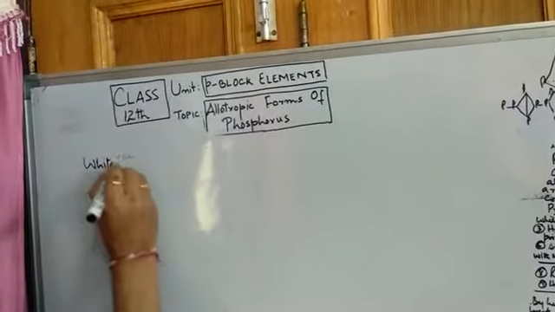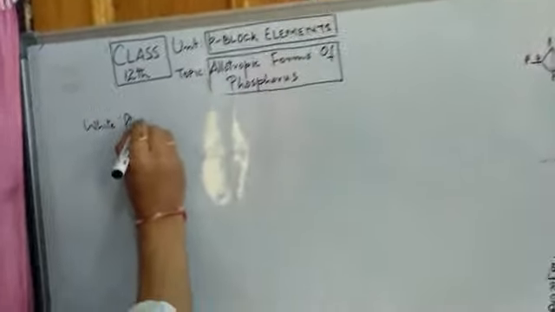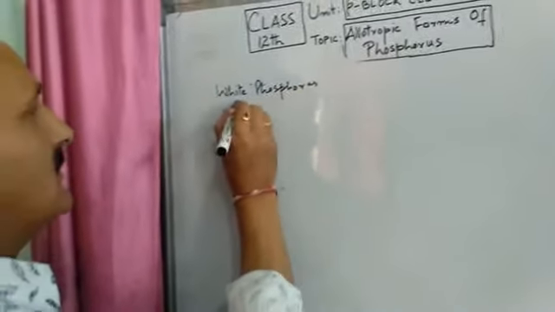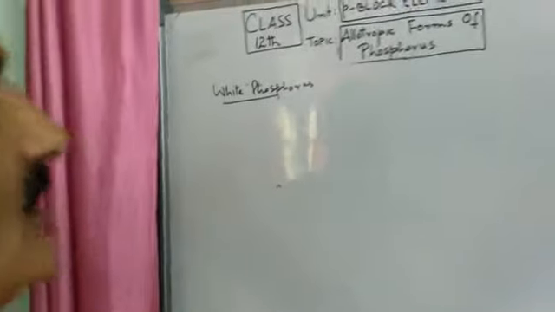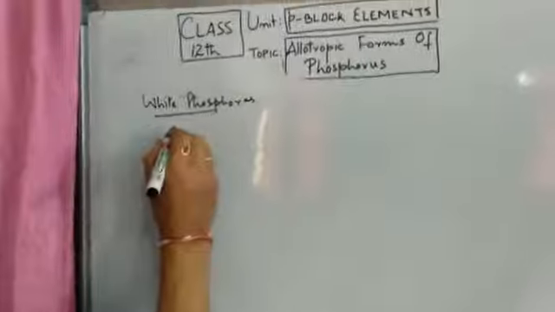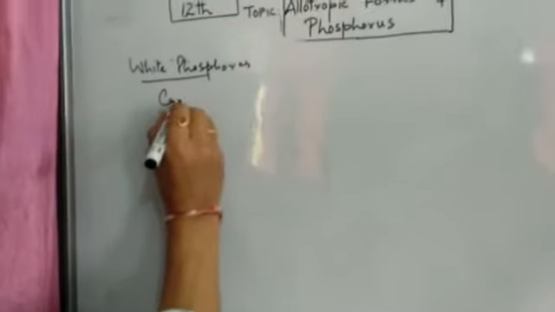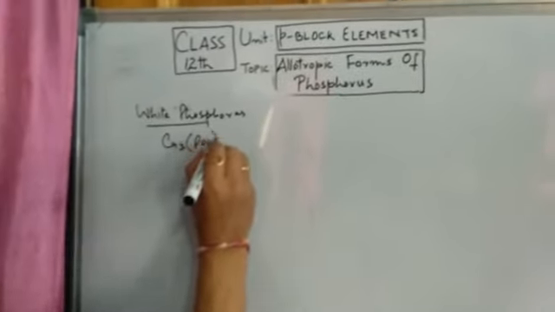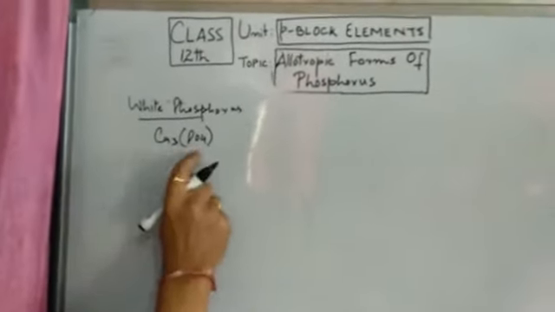White phosphorus. This phosphorus is obtained by this reaction. See the reaction. This is calcium phosphate. As I just told you, phosphorus is mostly found in phosphate minerals.